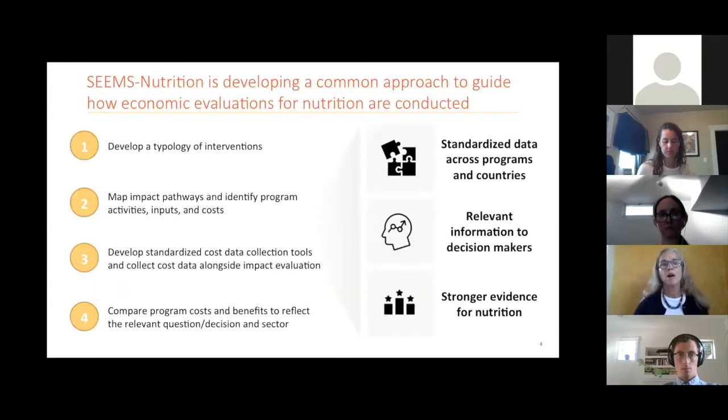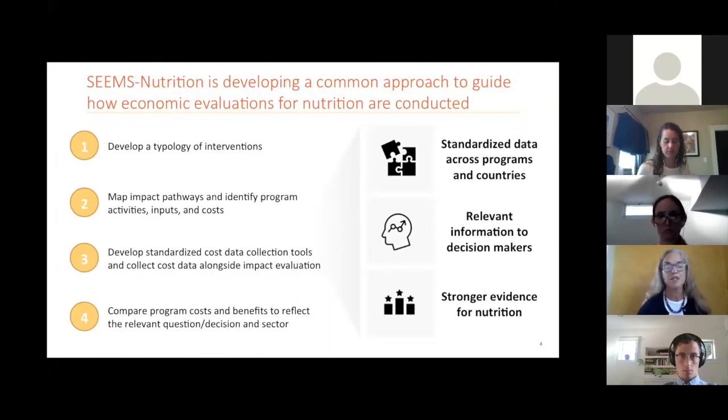So let's have a quick overview of the common approach to guide how economic evaluations for nutrition are conducted. We think that the best and most useful data from economic evaluations will be data that's robust, data collected using transparent, comparable methods, and data that can directly inform decision-making. To that end, we have set about developing a common approach in 4 basic steps.